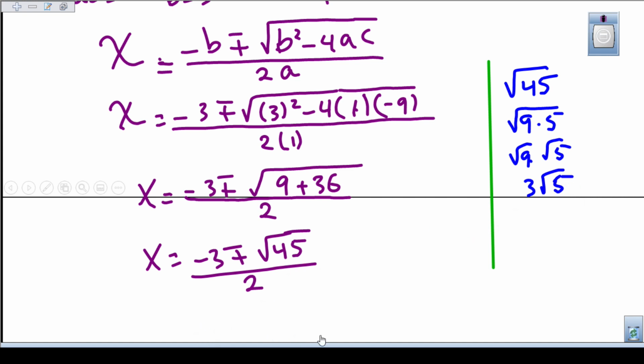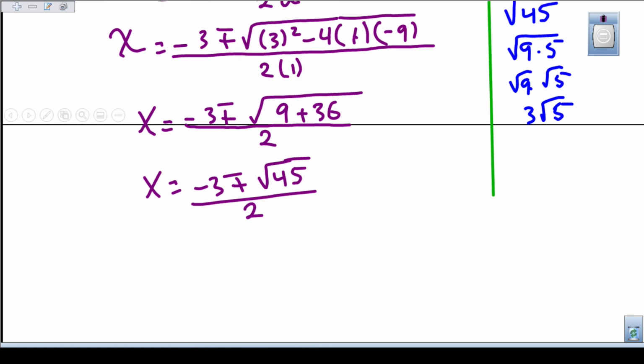So I fill in what I just found: 3 square root of 5 divided by 2. So that's basically going to be my answer for this problem.